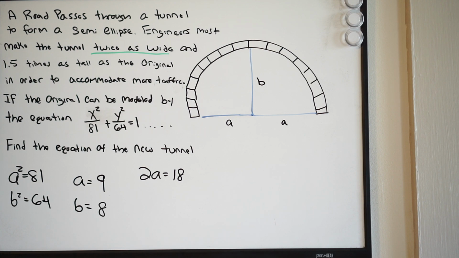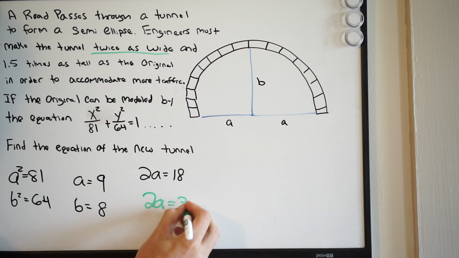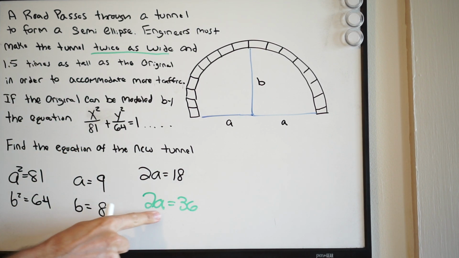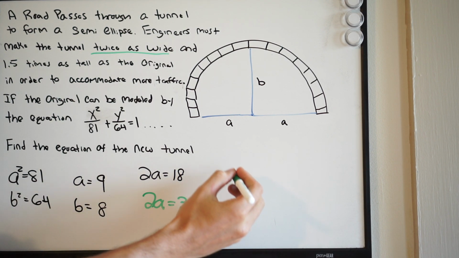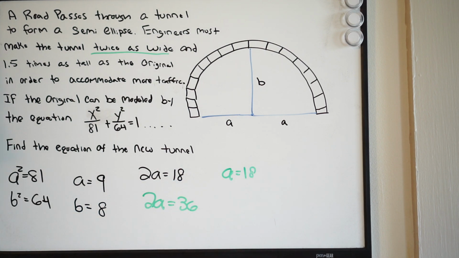So for example, here's our new width equal to 36. If I just want to find my a value here, I just divide both sides by 2. So 36 divided by 2 is going to be 18. So my a value of my new tunnel is going to be 18.